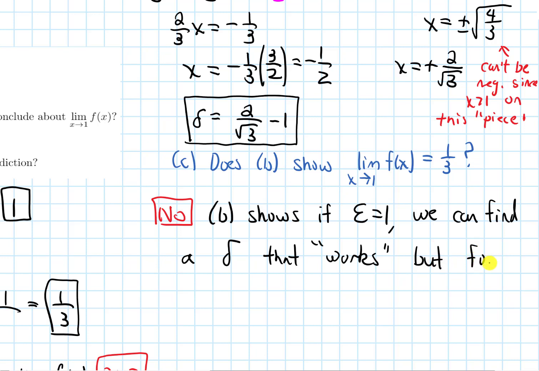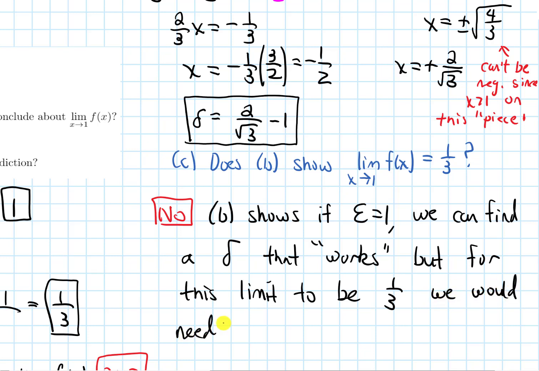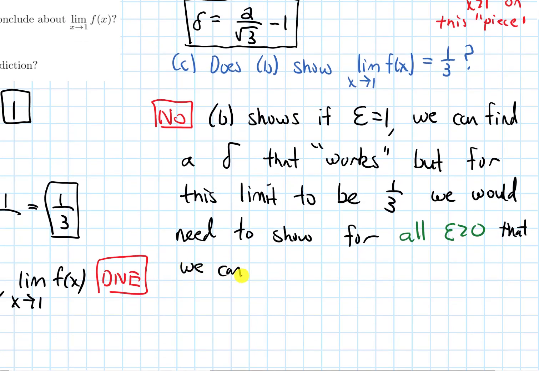But for this limit to truly be a third, like it's claiming it is, we would need to show that for all choices of epsilon greater than 0, no matter how small, we can find a delta that works. But we haven't done this.